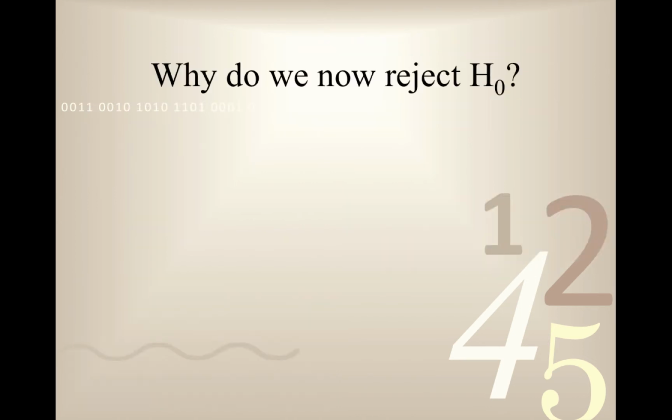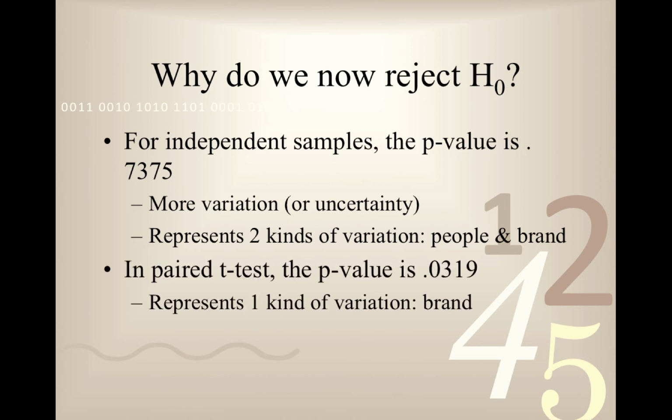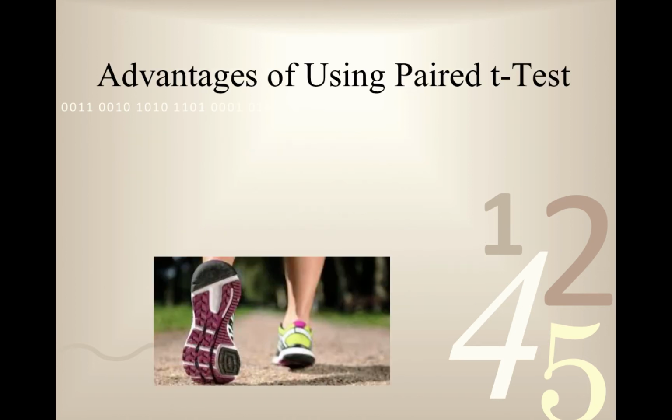All right, so why do we now reject the null? For independent samples, the p-value is 0.7375. Why is the p-value so big? Because we're picking up more variation or uncertainty. It represents two kinds of variation, people and brand. In the paired t-test, the p-value is 0.0319. It only represents one kind of variation, brand, which makes the test more sensitive and allows us to pick up a difference.